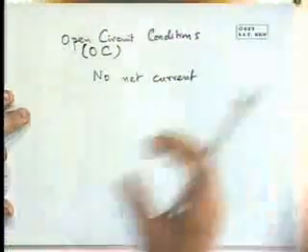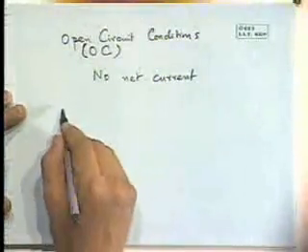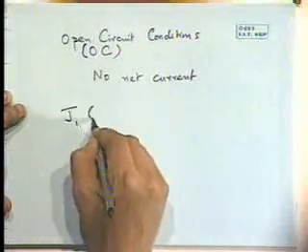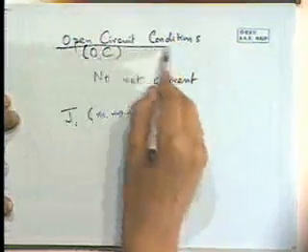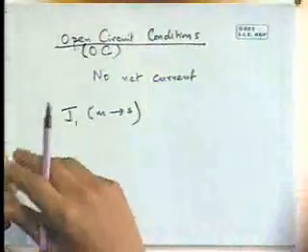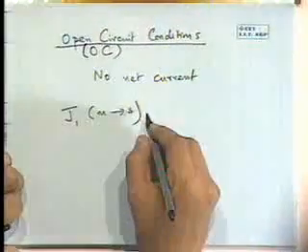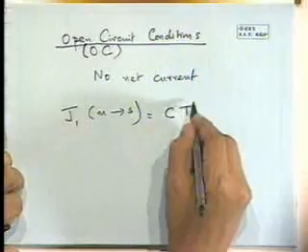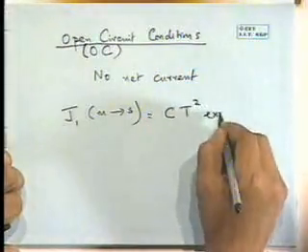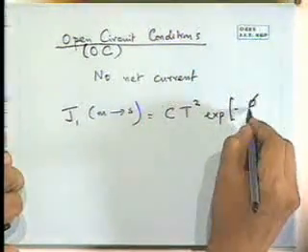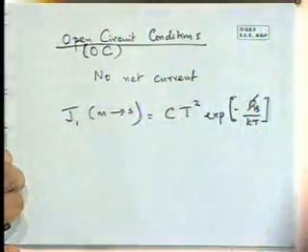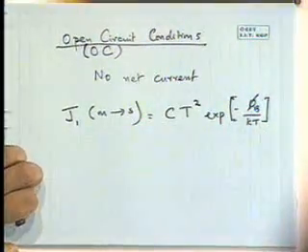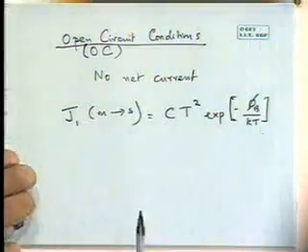So we can write the current in each direction. J1, which is the current from metal to semiconductor in this open circuit condition, where it is simply by thermal emission over the barrier, is equal to some constant times T squared exponential minus phi b by kT. Not going into the details of this thermionic emission theory, this is what we will get roughly.